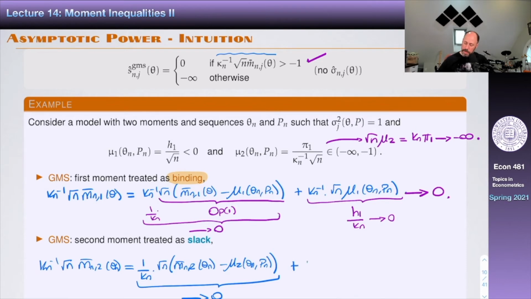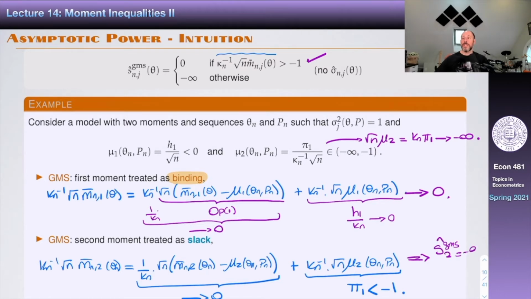And then we have the remaining term, kappa n inverse times square root n mu2 theta n pn, which is equal to, sorry, pi 1 over kappa n, which is less than -1. So the GMS hat for the second moment is going to be negative infinity. It's going to treat this second moment as slack, because eventually this is going to be below -1.